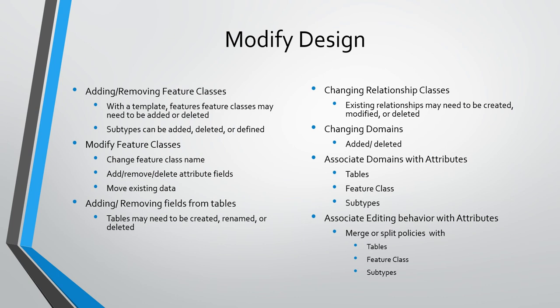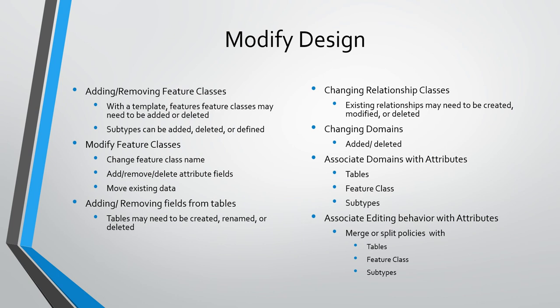With a template, your feature classes may need to be added or deleted. At this point, the subtypes can be added, deleted, modified, change the feature class name, move existing data. The tables may need to be created.